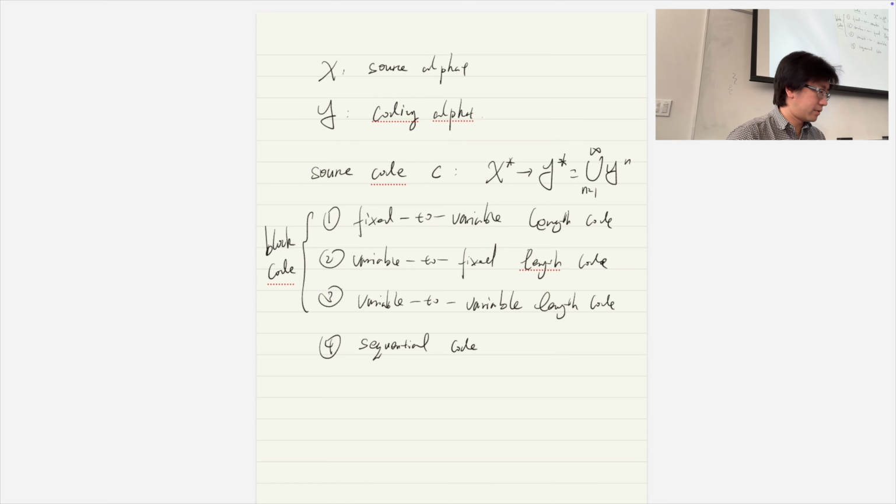Let's see an example. Number 2, we consider the fixed to variable length code. This is the most common code used in practice.